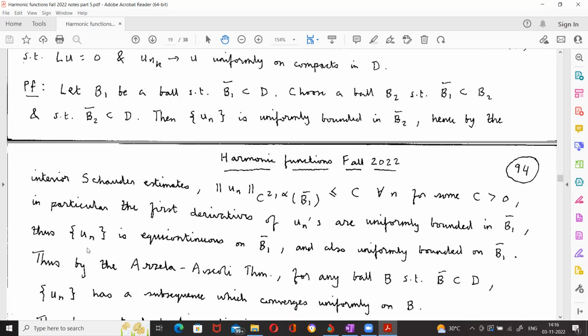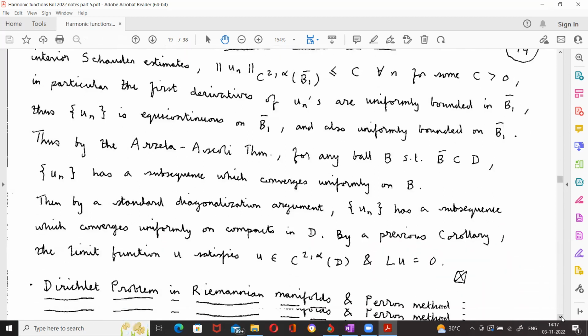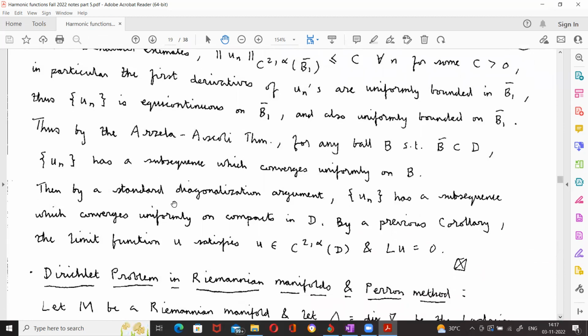So therefore, u_n is equicontinuous on B1 closure and also uniformly bounded on B1 closure. Okay. So therefore, by the Arzelà-Ascoli theorem, for any ball B whose closure is contained in D, u_n has a subsequence which converges uniformly on the ball B. Then there's a standard diagonalization argument which will tell you that u_n has a subsequence which converges uniformly on compacts in D, right?